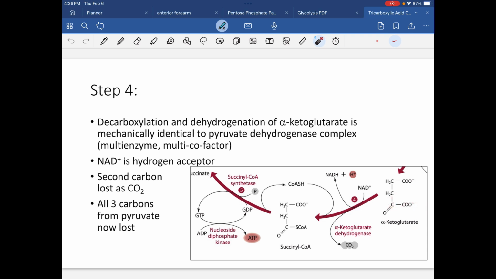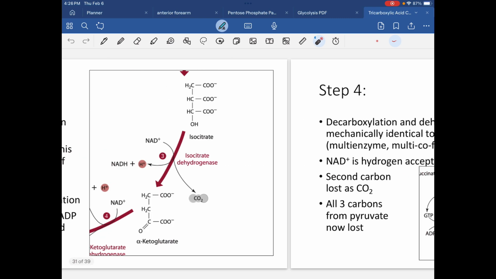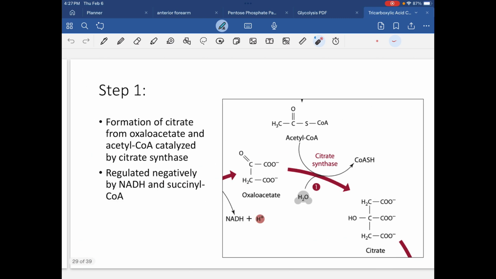This CO2 is going to come off. It's going to make space for this coenzyme A. This step is something important to highlight because it is at this point that any carbons we had from pyruvate are now gone. Let's go back and talk about where we lost those carbons.